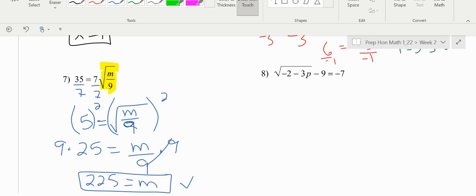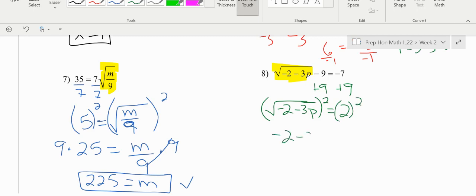And then finally, the last question, same thing. We're going to go ahead and isolate our radicals. So I'm going to go ahead and add 9 to both sides. I get a 2. I'm going to square both sides. And now it just becomes a linear equation.